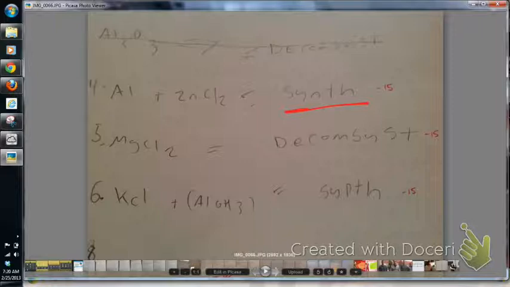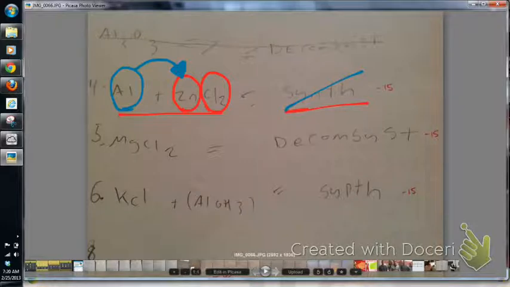And so with magnesium chloride, for example, and aluminum and zinc chloride, if you know that you have 2 things here, and let me change my marker color, and you have 1 thing here, you know that one of these is going to come in and replace one of those, and this is going to be a substitution, not a synthesis.